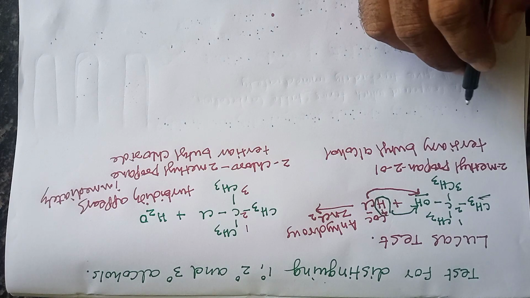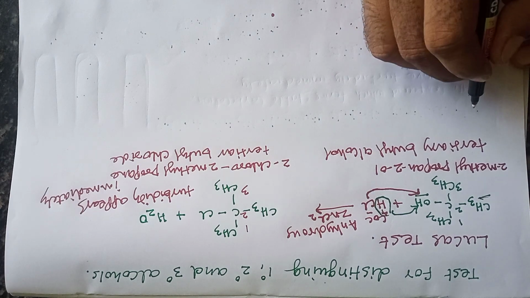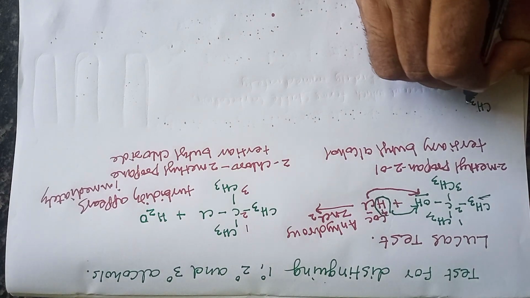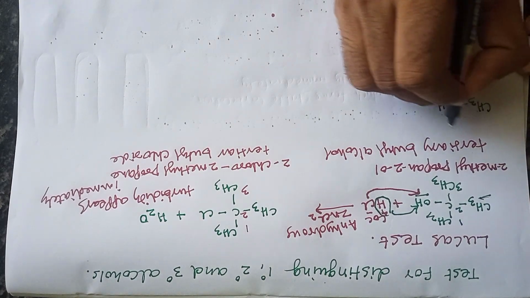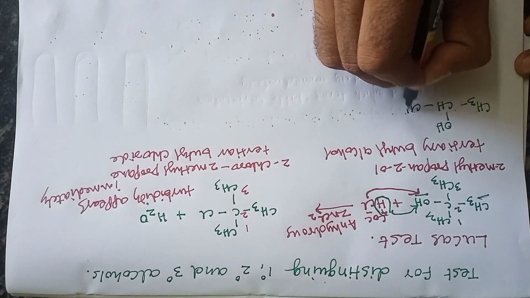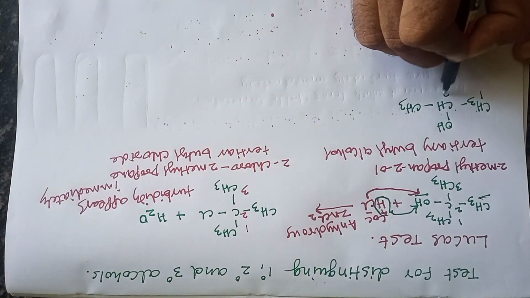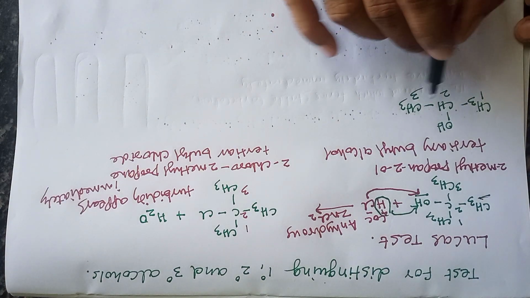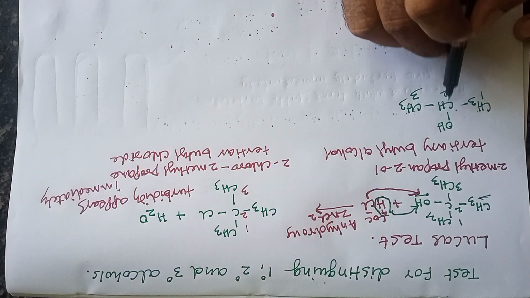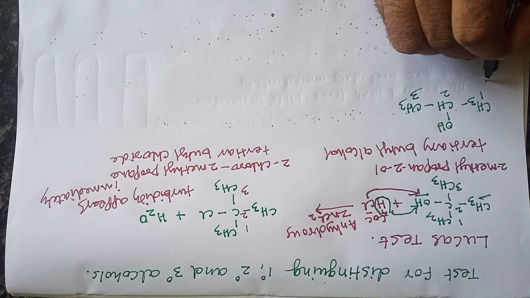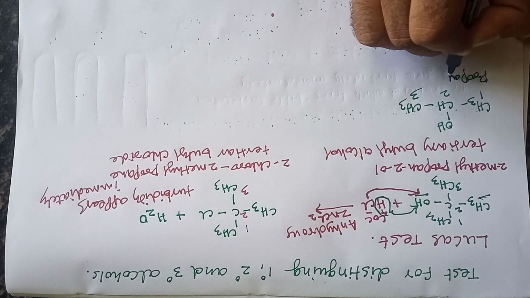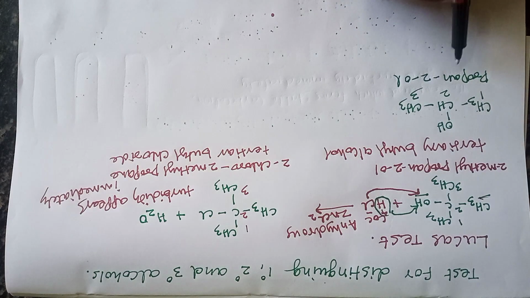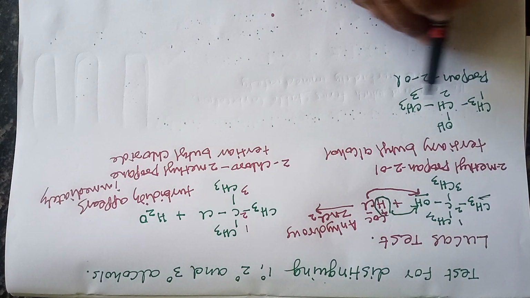If you take secondary alcohols, for example, CH3, CH, OH, CH3. So the name of this compound: 1, 2, 3, this is the longest carbon chain, 3 carbons. The parent hydrocarbon is propane. The OH group is present at the second carbon, so we can say propan-2-ol. The common name is isopropyl alcohol.